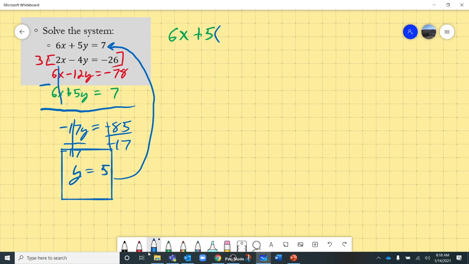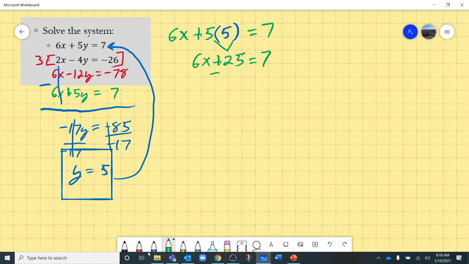And we solved for y, and we found that y is 5, so 5 times 5. 6x plus 5 times 5 is equal to 7. 5 times 5 is 25, so we get 6x plus 25 is equal to 7.